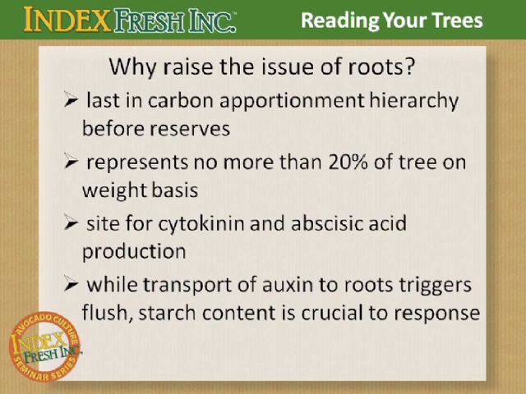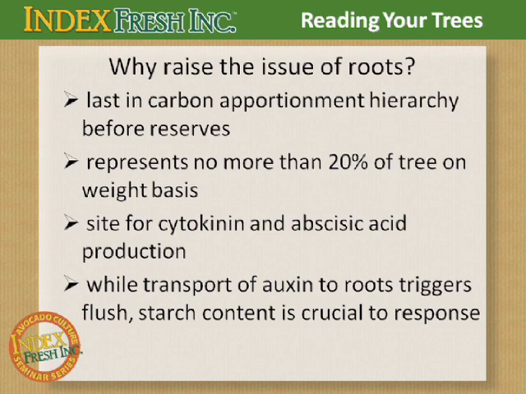Secondly, it's generally accepted that root systems represent no more than about 20% of a tree on a weight basis. But roots are very important because it's the site for cytokinin and abscisic acid. That's the bad one, but it's also the site for the good one, cytokinin.